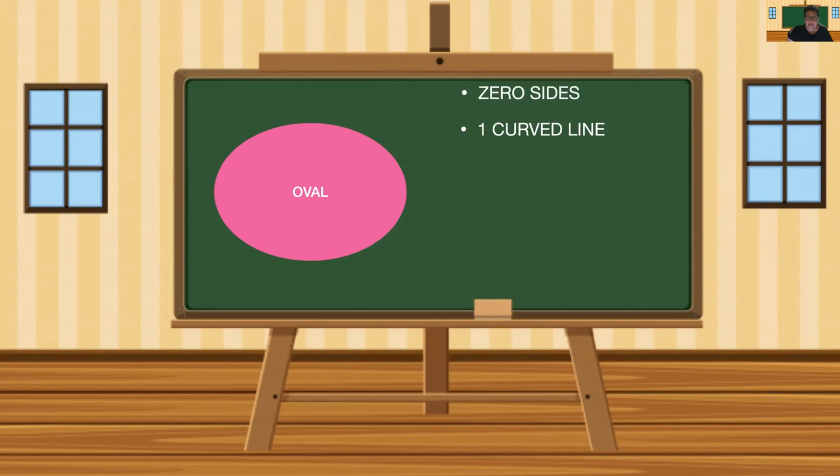What do you think? No, it has no sides. Does our oval have any corners or vertices? Do you see any? No, our oval has no vertices, and our oval is flat.